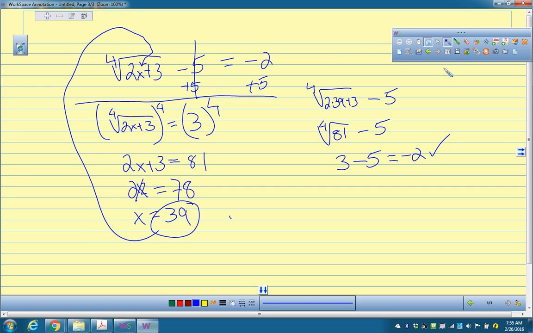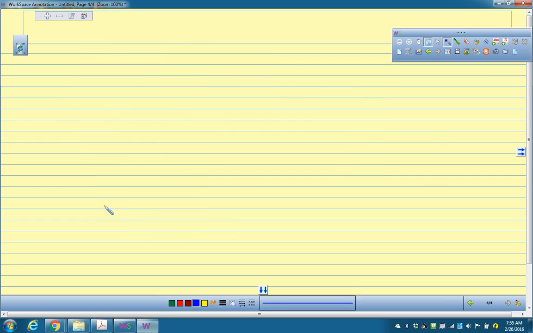Okay, so this next type is a little tricky, because we have the square root of x plus 7, plus 5, equals x.